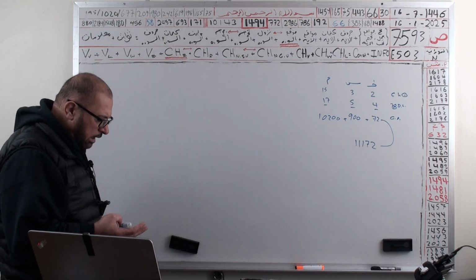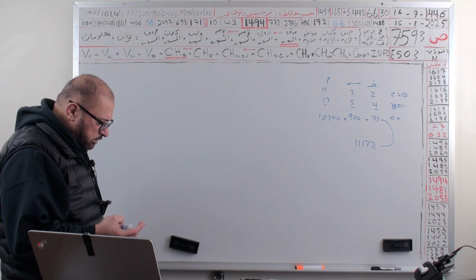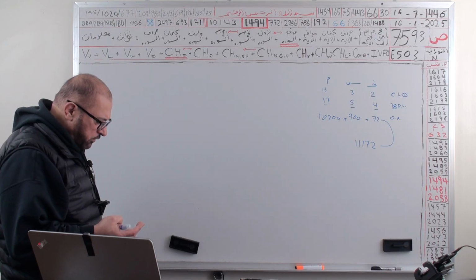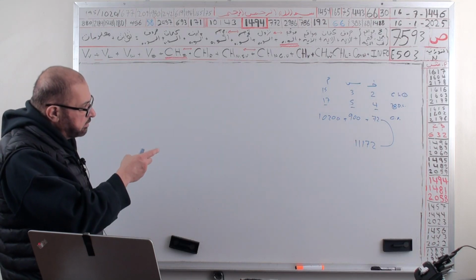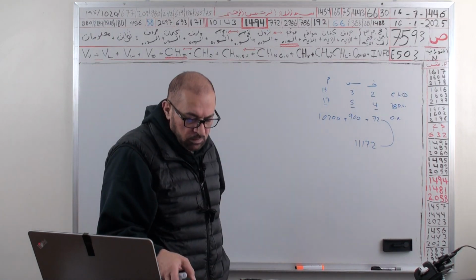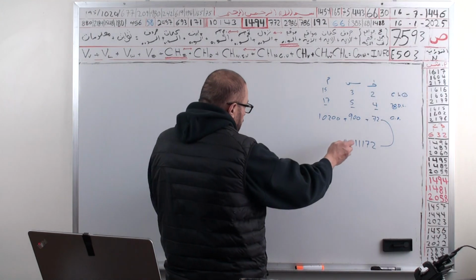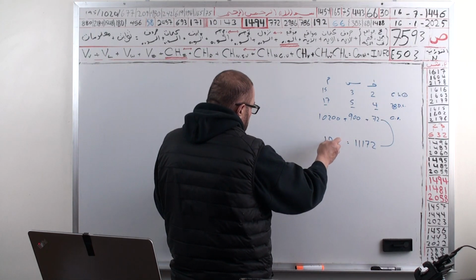So 8 with Alif Lam and 7 with Ha, 8 and 7 is 15, and Ta, Sin, Mim 1, another Ta, Sin, Mim 2, that's 17. Okay, so 11,072.